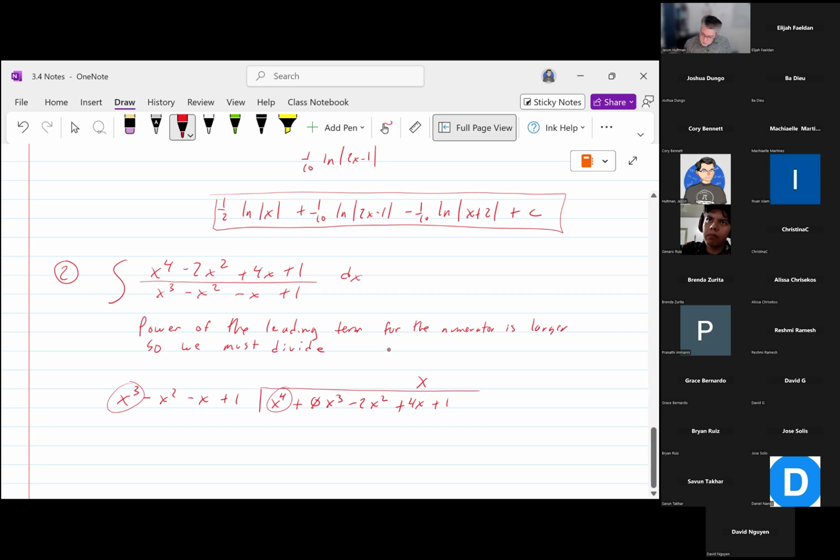Now I'm going to multiply x times this whole polynomial. So x times x cubed is the x to the fourth that I'm looking for. X times negative x squared is negative x cubed. X times negative x is negative x squared. And x times 1 is just x.